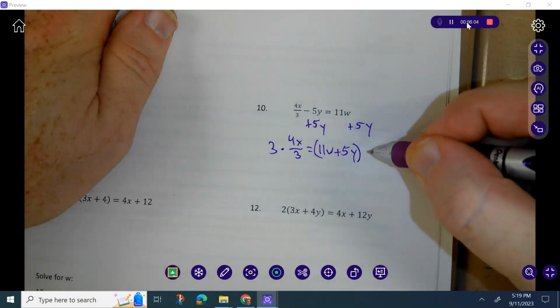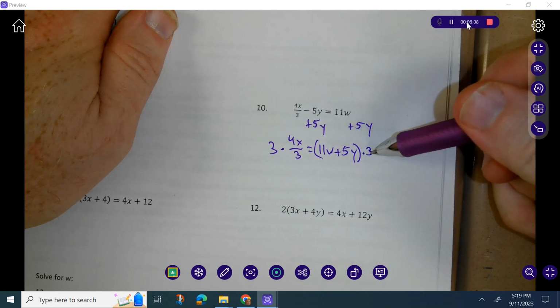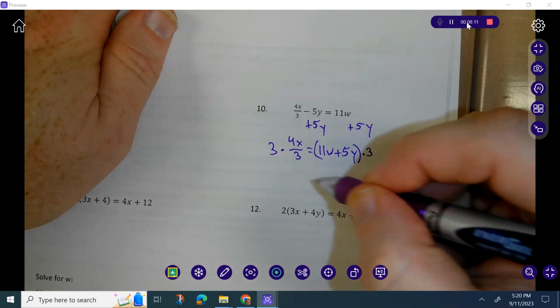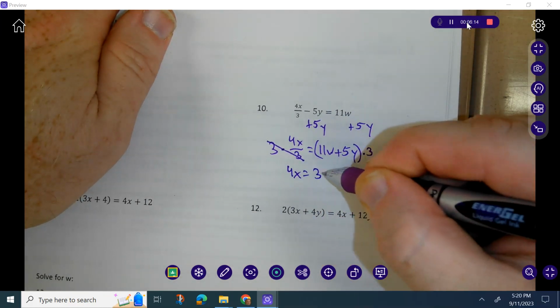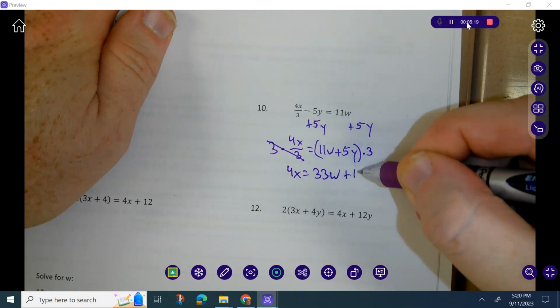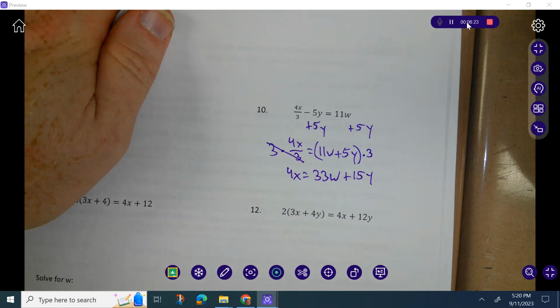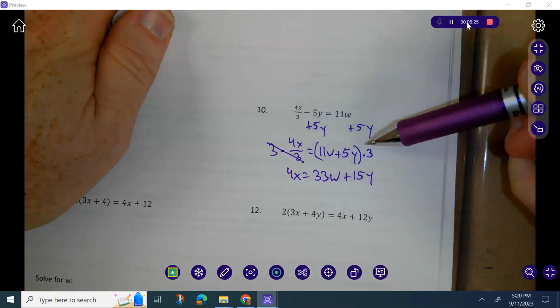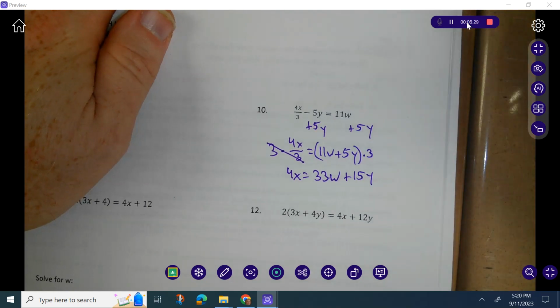But it's the whole side, so I have to be a little creative here. 3 times 11 equals 33. 3 times 5 is 15. And because I did that to the whole side, I had to use parentheses.